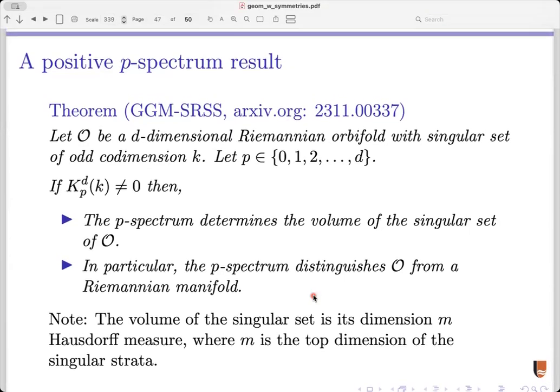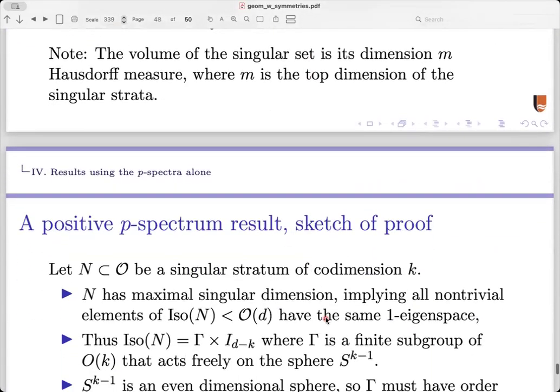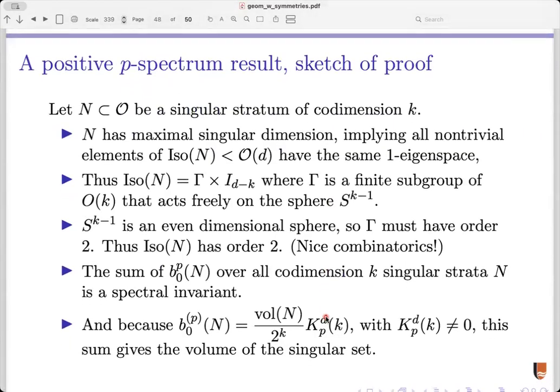So I'll sketch this result and how it is done. It's again using the nice combinatorics from above. So we'll take a singular stratum N of codimension k. Because N has maximum singular dimension, all non-trivial elements of the isotropy group have the same 1-eigenspace.